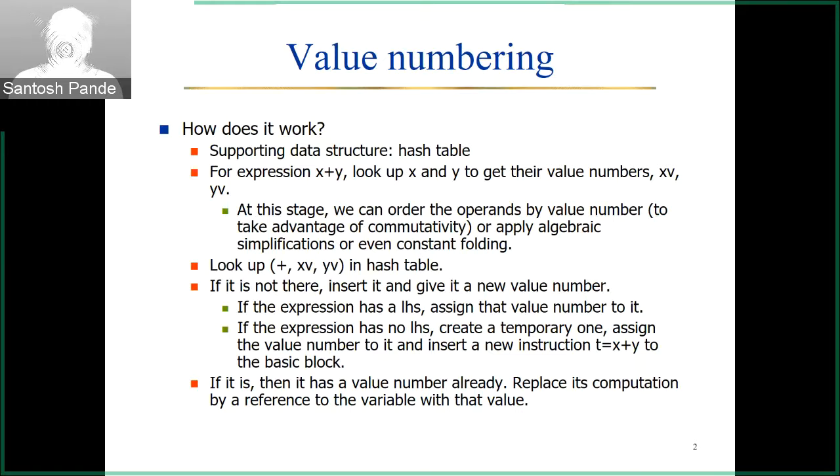If the value tree is already present and has a number associated with it, if we find it through the hash map, then we'll use that value tree's number, and we'll go to the respective variable which is holding that particular value tree's number, and then we'll simply substitute that variable over here at the current point. If we don't find it, of course, we'll generate a new one and we'll assign it to the left-hand side variable, and we'll keep going on and on.